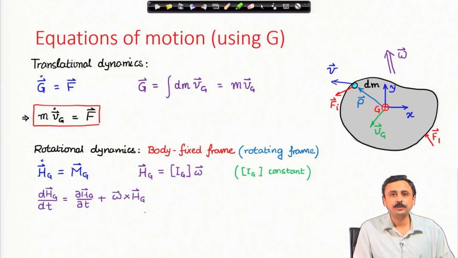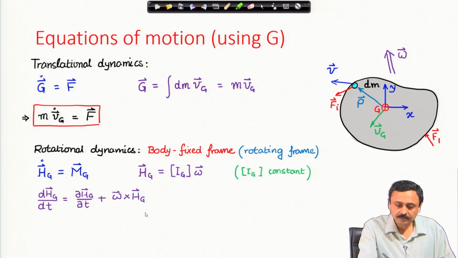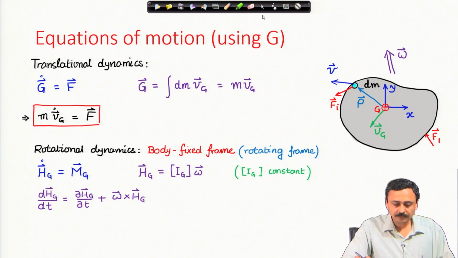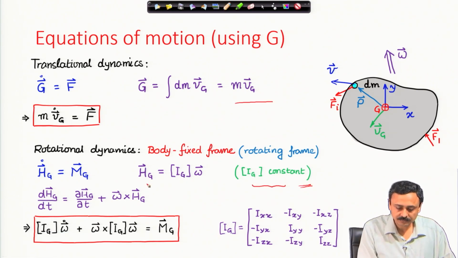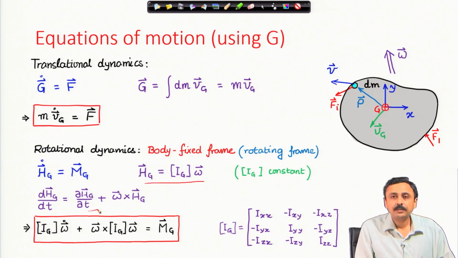This is our prescription for taking the time derivative, and if you substitute this expression in here, the local derivative, which is not the derivative of the frame vectors, must differentiate this.